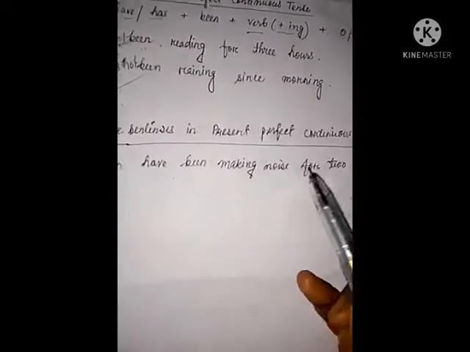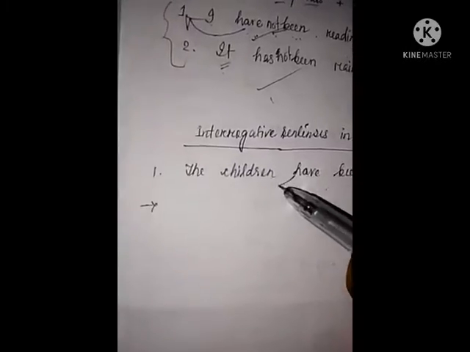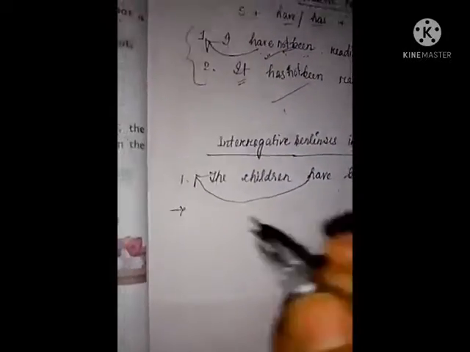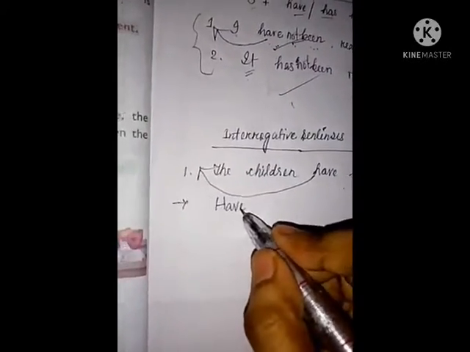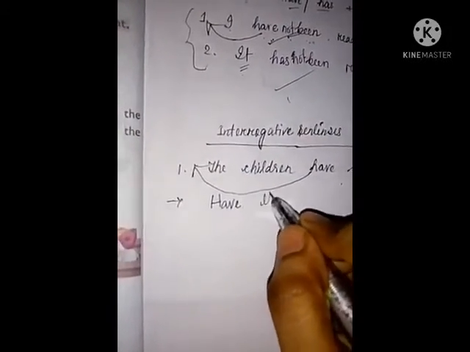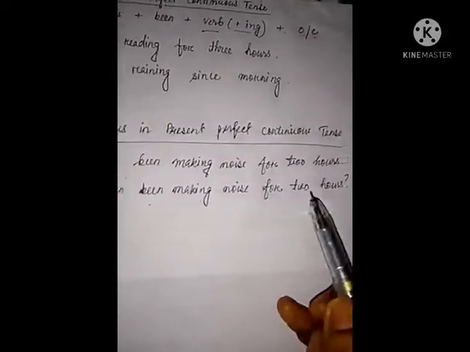See an example. The children have been making noise for 2 hours. Now we have to make this interrogative. How? Just move this auxiliary verb before the subject and the sentence must be started with the auxiliary verb: have the children been making noise for 2 hours?